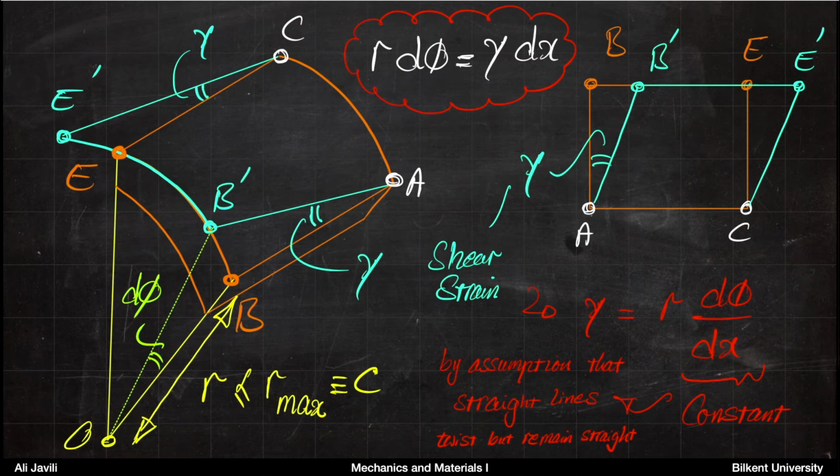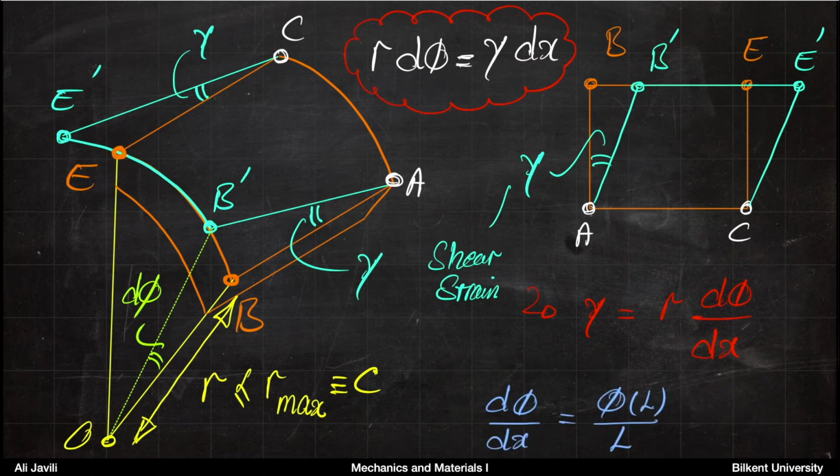Now, remember we assumed that straight lines remain straight. They twist, but they remain straight. That assumption tells us that d phi over dx is a constant value. In other words, whether you call it d phi over dx or phi at L divided by L, you are talking about exactly the same value.